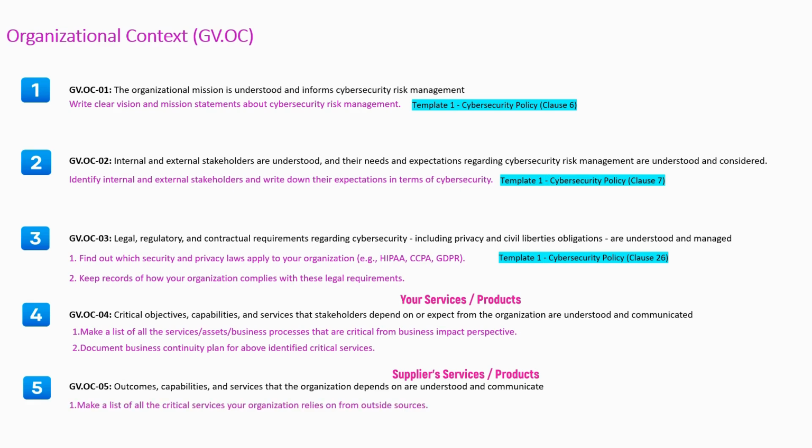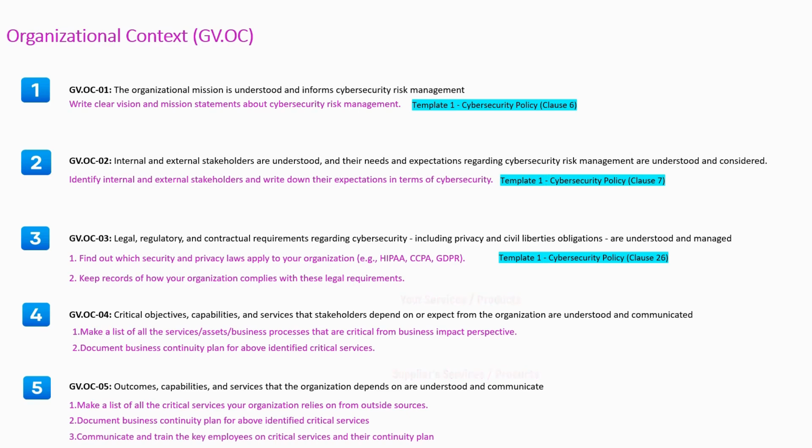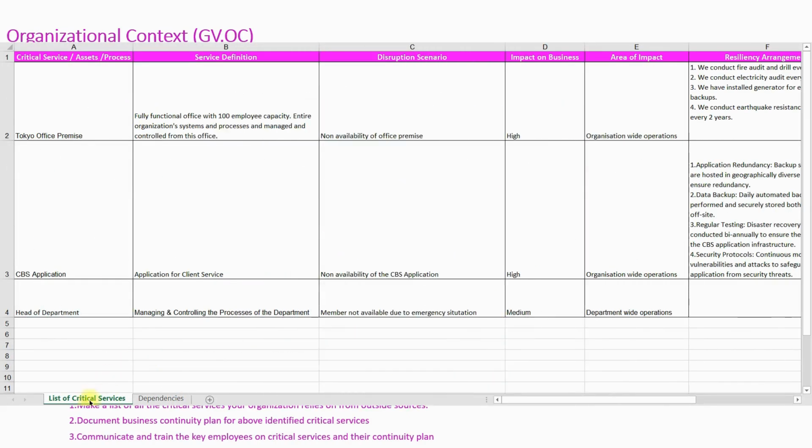To implement this, make a list of all critical services your organization relies on from outside sources. Document a business continuity plan for the above identified critical services. Communicate and train the key employees on critical services and their continuity plan.